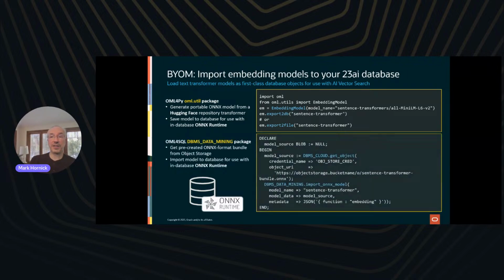And there's also a PL/SQL interface through the DBMS_DATA_MINING package. Here, you provide a pre-created ONNX format bundle to import to the database. We can say it's a bundle because there are certain pre- and post-processing steps that are required to use your model in the database.